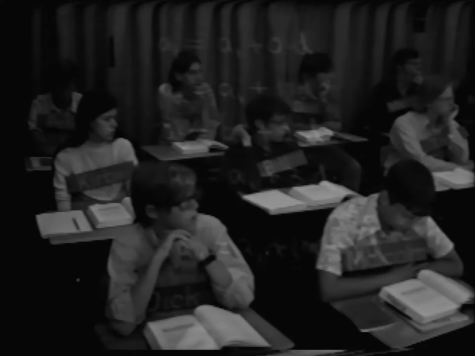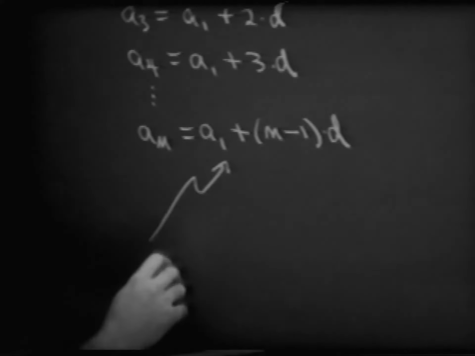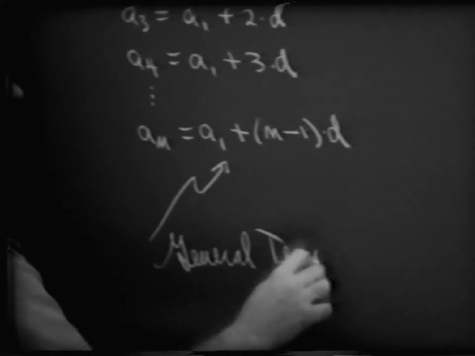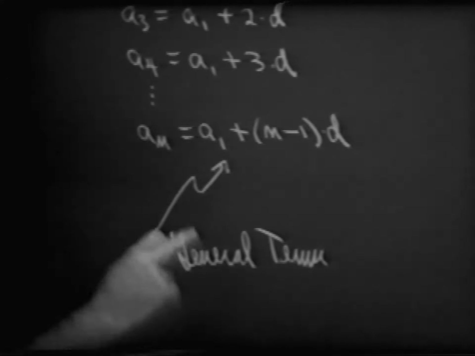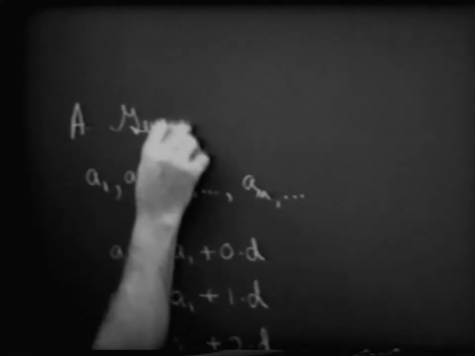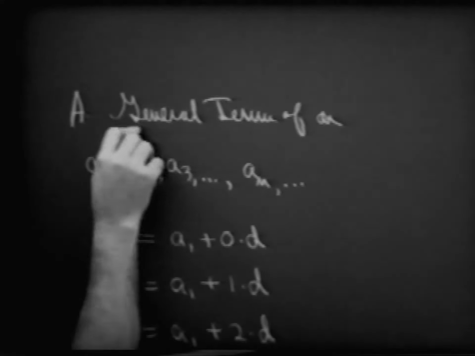This formula right here is one that you simply have to know. We give this a name: we call this the general term. This is the general term of an arithmetic sequence. Let me write that down as our heading: the general term of an arithmetic sequence.